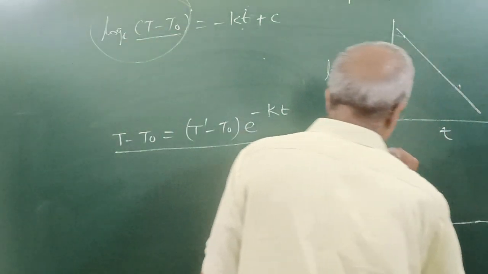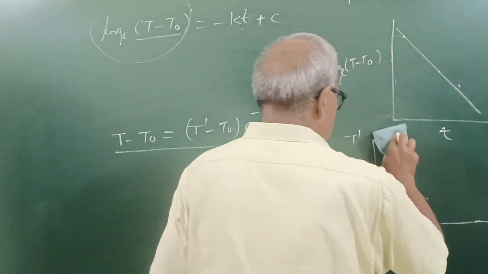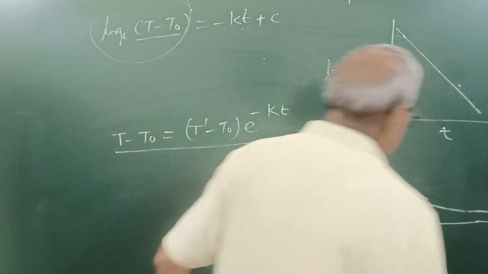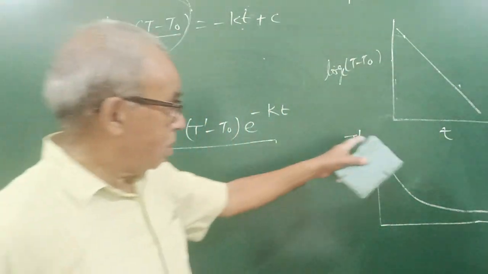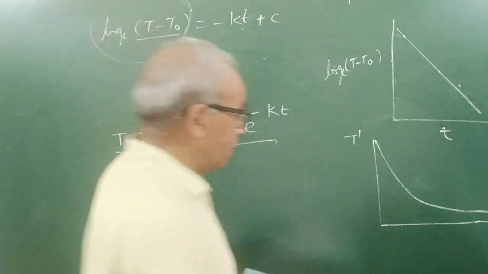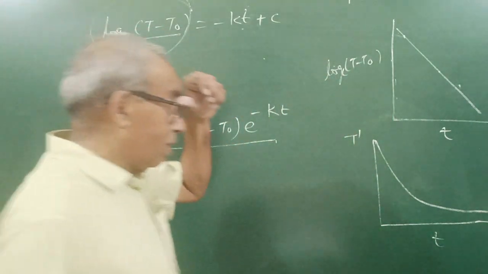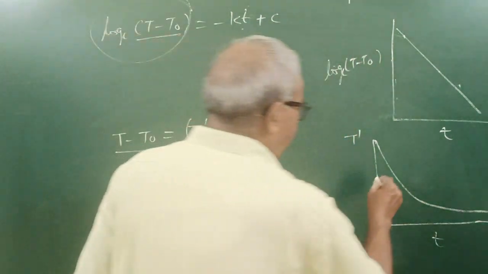The graph comes like this, exponentially. This shows that initially, when the body was at high temperature, the temperature decreases with time sharply, and then it decreases gradually.